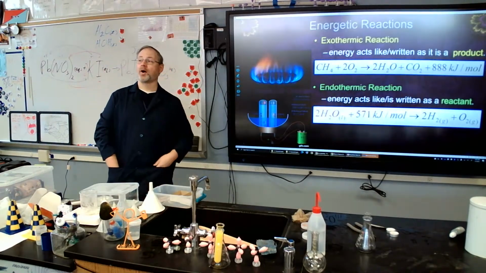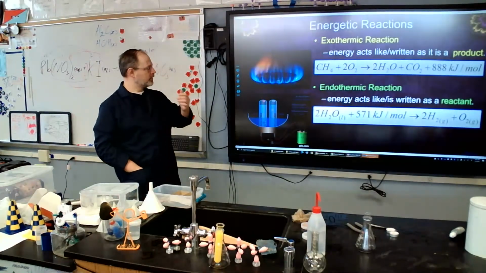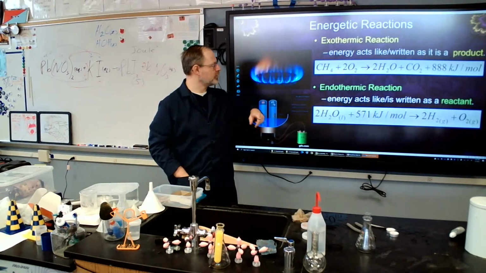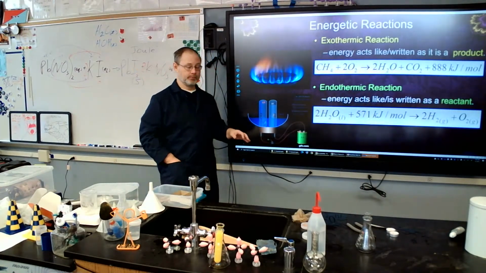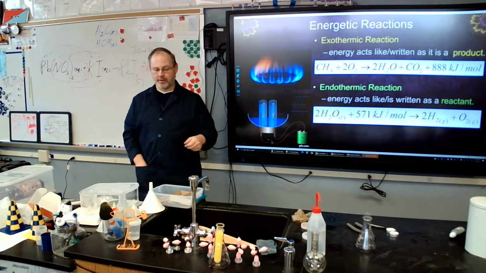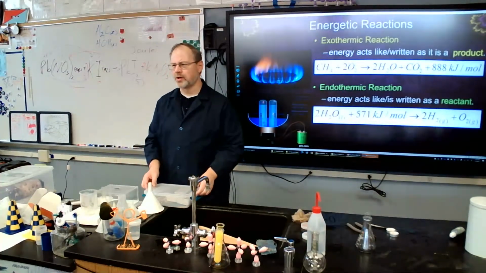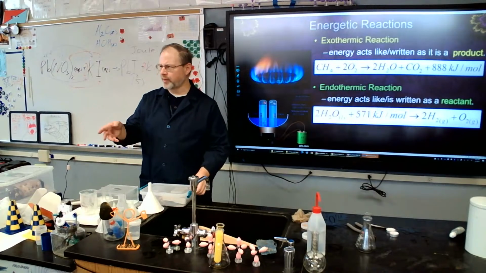If you run high voltage through water, we talked about this, you will make hydrogen and oxygen. Remember how we talked about the mole ratio? 1 mole of this, 2 moles of that?